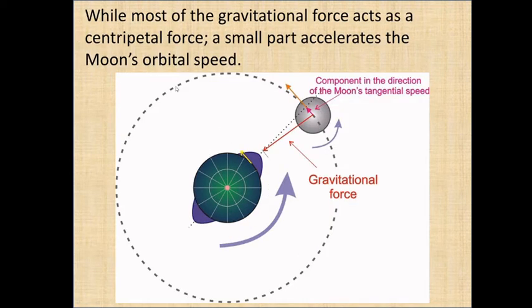While most of the gravitational force acts as a centripetal force, a small part accelerates the moon's orbital speed. As we can see again, the vector that represents the gravitational force between Earth and the moon, as the moon senses it, is not in the line of the two centers, so we can put here a component of this force in the direction of the moon's tangential speed, which means that this speed is accelerating all the time.